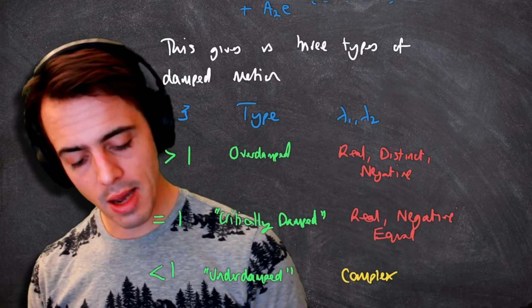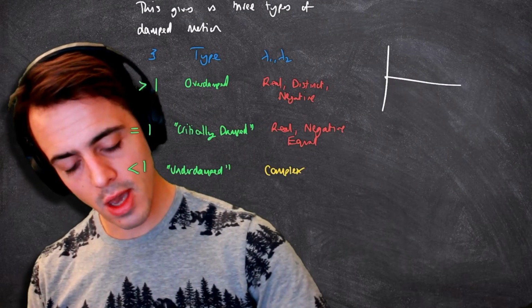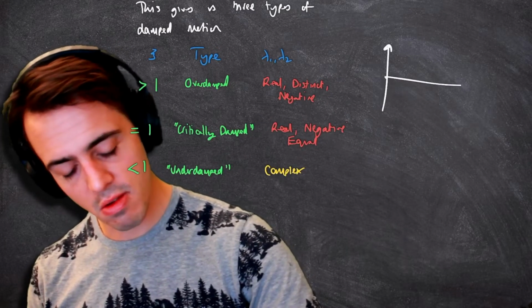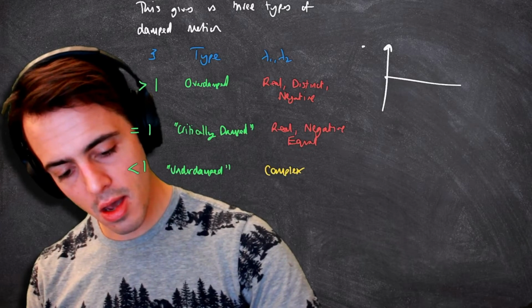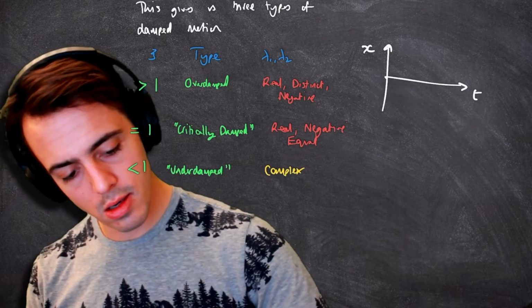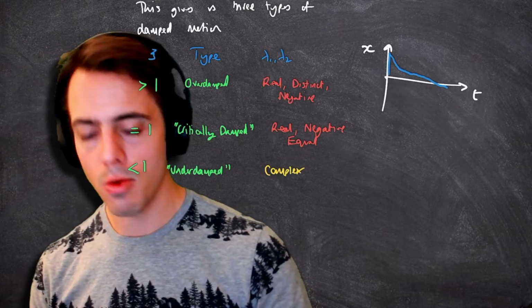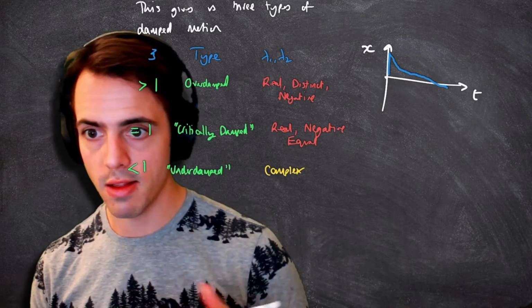We can have overdamped motion. Say we've got an initial disturbance, this is just some state variable as a function of time. After this initial disturbance, it returns to 0 with no oscillation over some period of time.